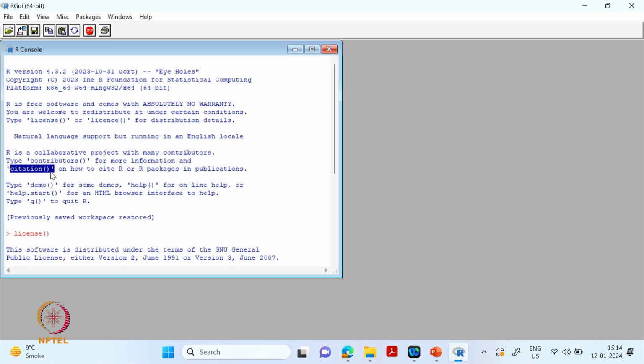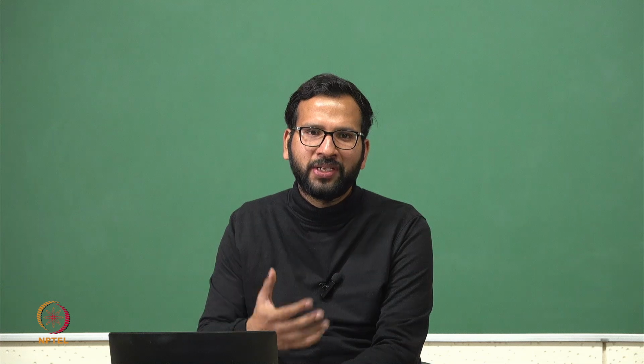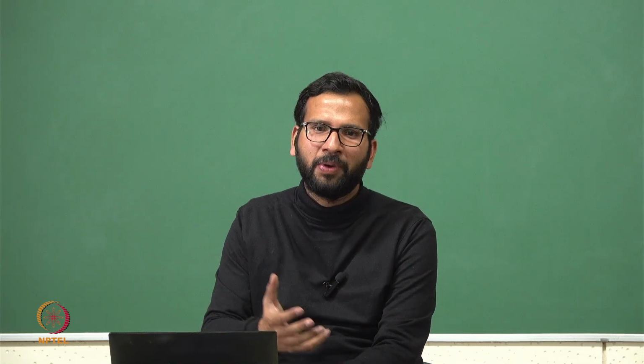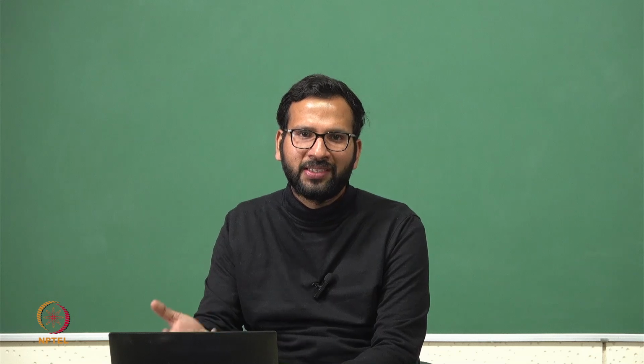If you see here, the citation function will help in letting you know how to cite this particular software. If you are using this software, how you can cite it in your research paper or thesis or whatever the document is.